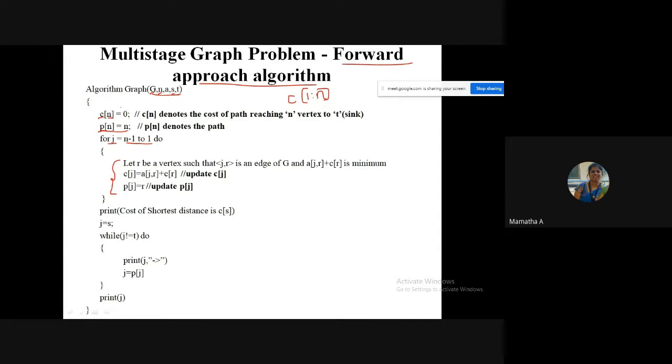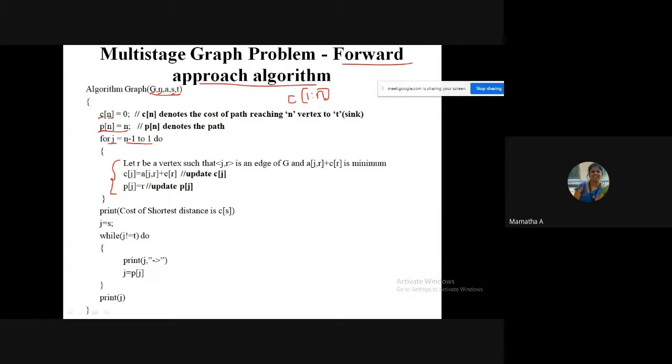So you can see I left n, because n is my sink node. N minus 1 to 1. One is my source vertex. So I'll have to repeat this. For j ranging from n minus 1 to 1, I'll have to do a certain thing.